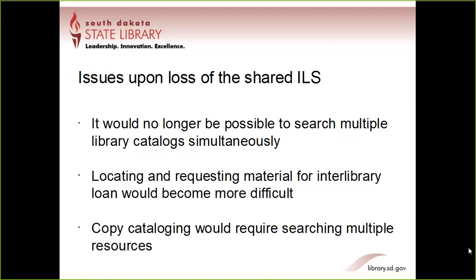I think we have maybe, out of 550 total libraries, I think there might be 20 that are OCLC members. Now, the state library is still an OCLC member, but most of our libraries are not.